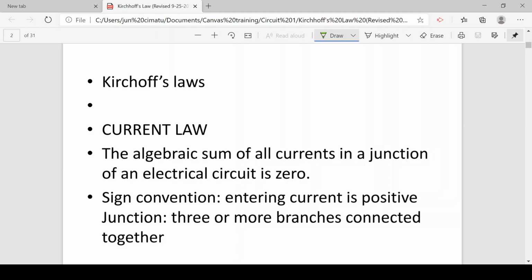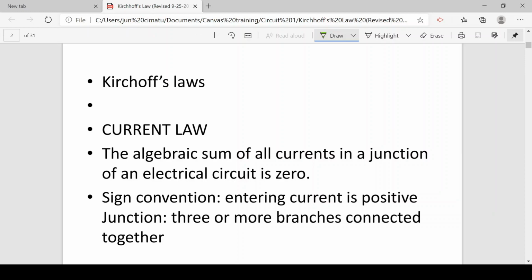The law states that the algebraic sum of all currents in a junction of an electrical network or circuit is zero. And to perform algebraic summation, we have to use a sign convention that all current entering the junction is considered positive.